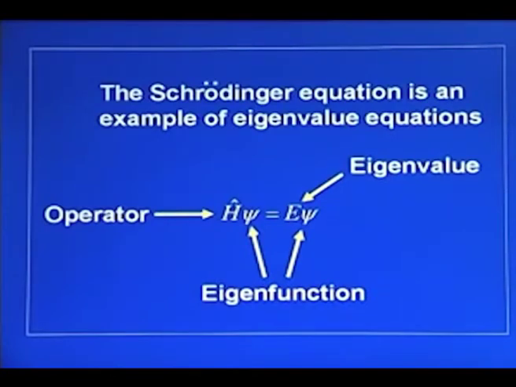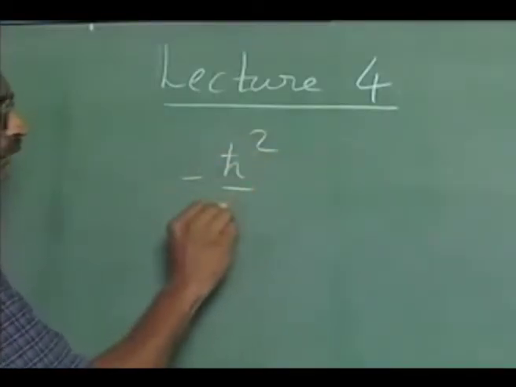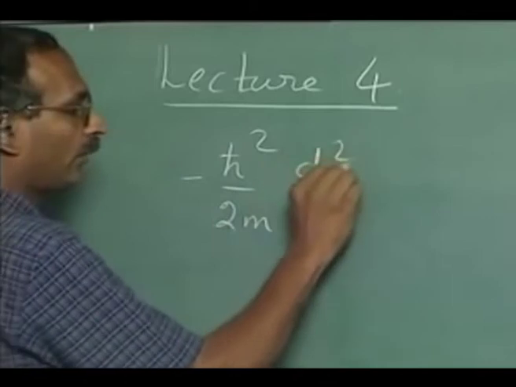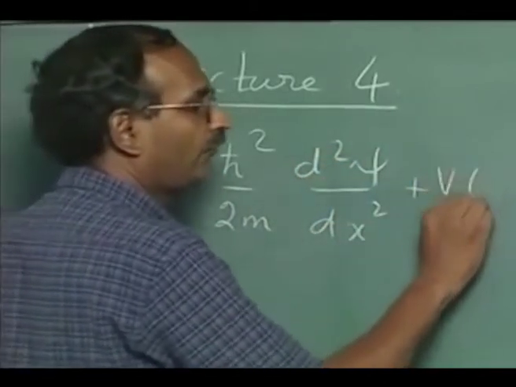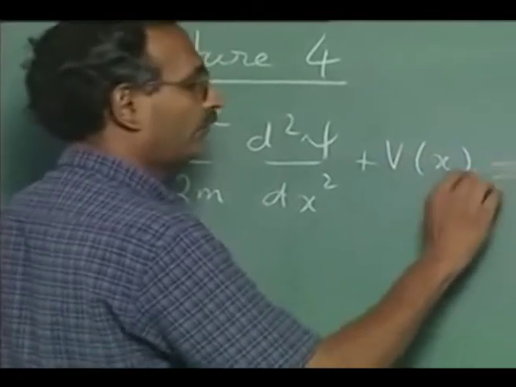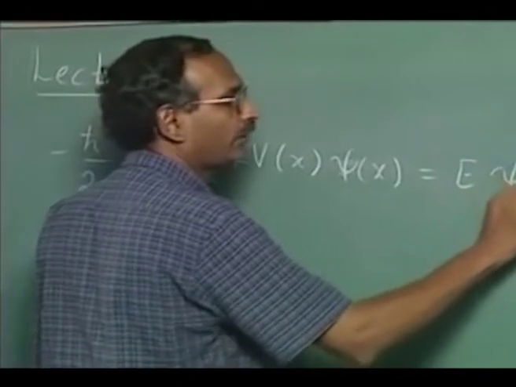Let's recall the Schrodinger equation. You have solved the two simple equations: minus h bar squared by 2m d square psi by dx square plus V of x psi of x is equal to E times psi of x.